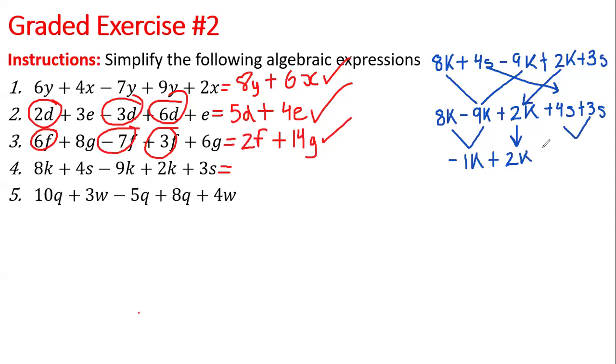That's going to be 7S. It's going to be equal to... Negative 1 plus 2 is what? 1K. 1K plus 7S. Did anyone get that? We did. I did. Yes, sir.